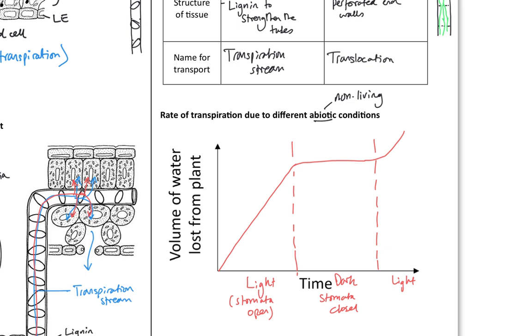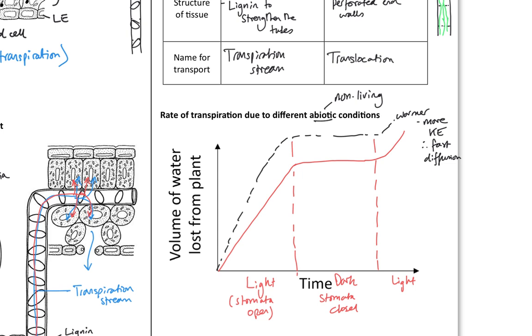Let's have a day when it's warmer. So if it's warmer, it's going to be steeper. Yep, so that's warmer, as in there's more kinetic energy, KE, therefore faster diffusion of water out of the leaf.